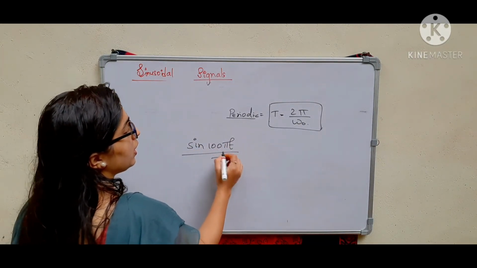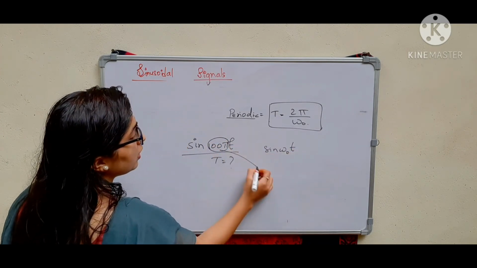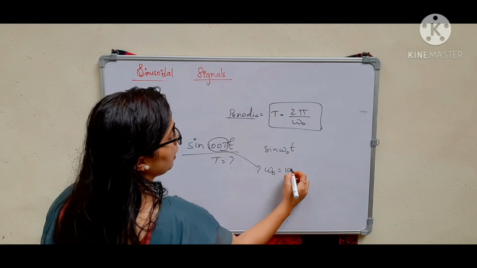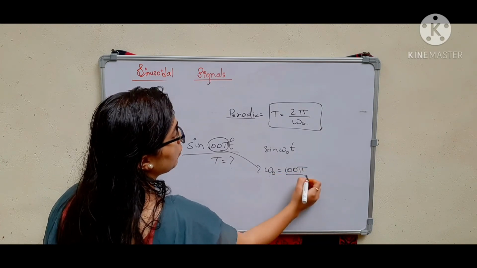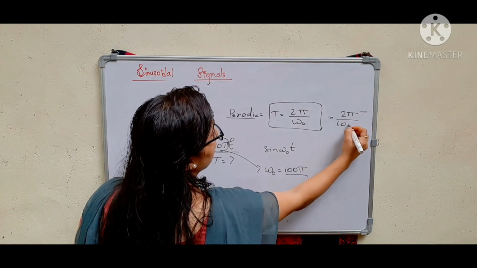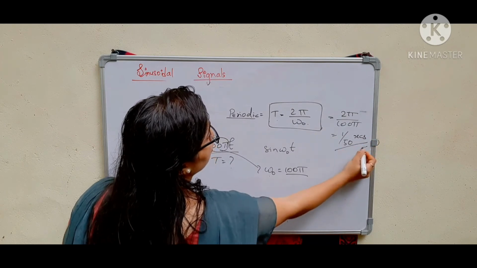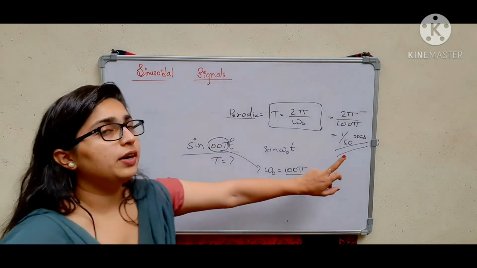This is in the form sine omega naught t, so omega naught will be equal to 100 pi. So T will be 2 pi divided by 100 pi, that will be equal to 1 by 50 seconds. This will be your time period.